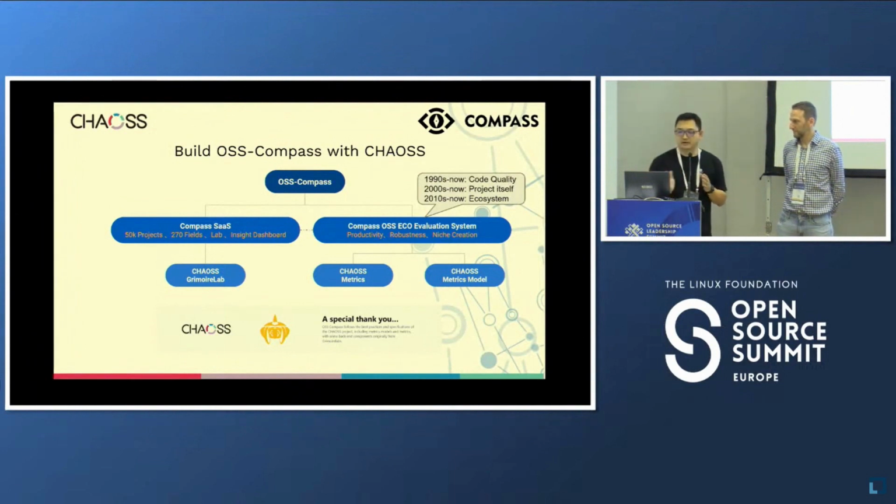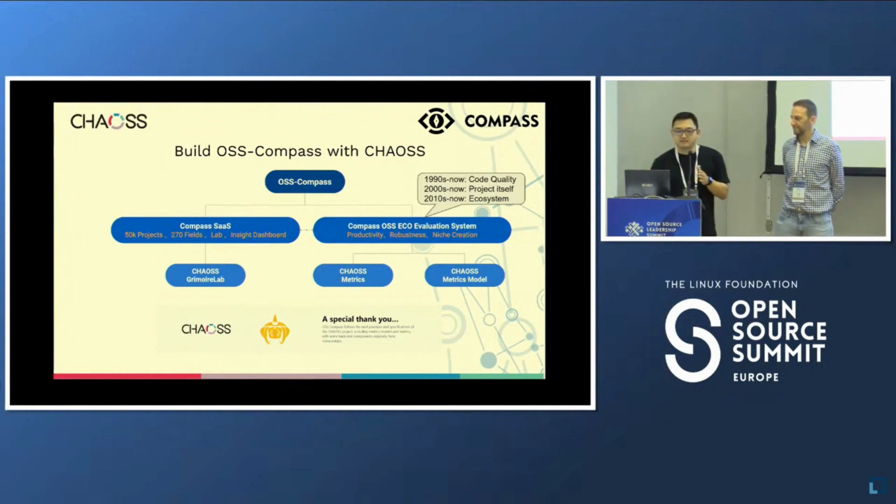It cares more about code quality. It's nothing different from our commercial product per se. And the second mainstream comes from the beginning of this century. It cares more about the collaboration happening in its own community. It's about the responsiveness of users and contributors.